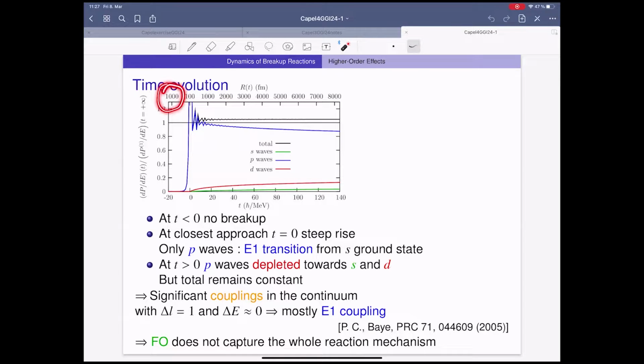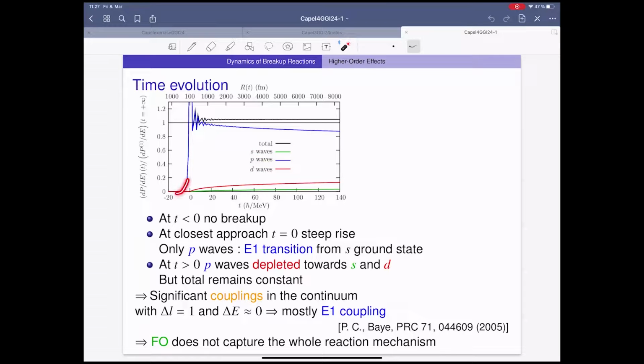When they are far away from each other, about 1000 Fermi, nothing happens. Up to there, that's fine. And then when they come close to each other, at about 100 Fermi, something happens, and the breakup probability starts to increase dramatically.